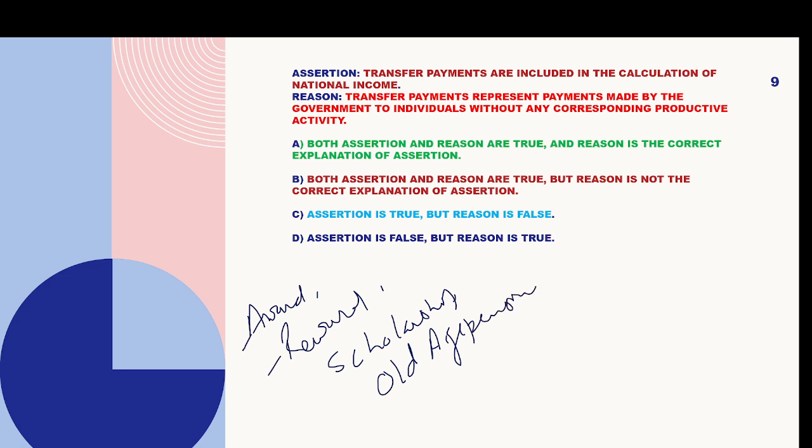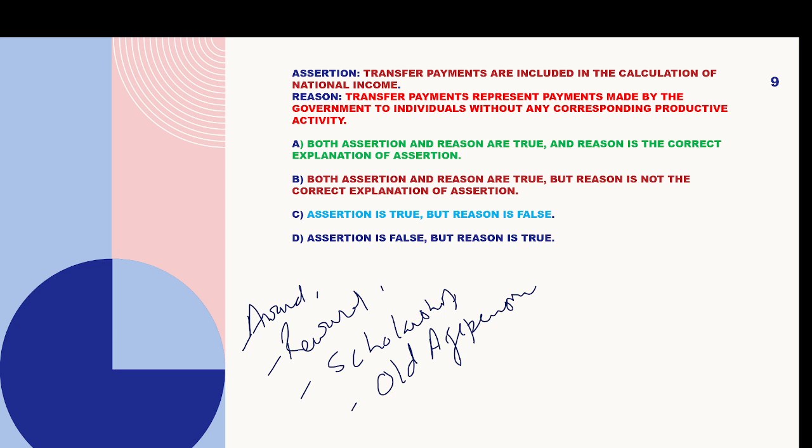These all are transfer payments. You can see that this year the government of Jharkhand is paying under Maiya Yojana, and in elections they are assuring to give females money. So these are the transfer payments.